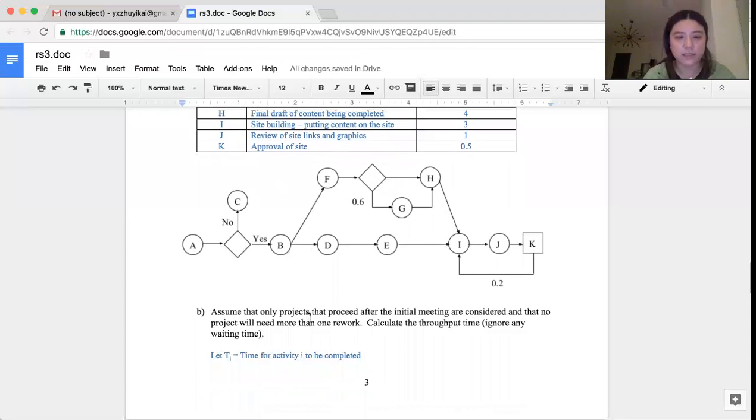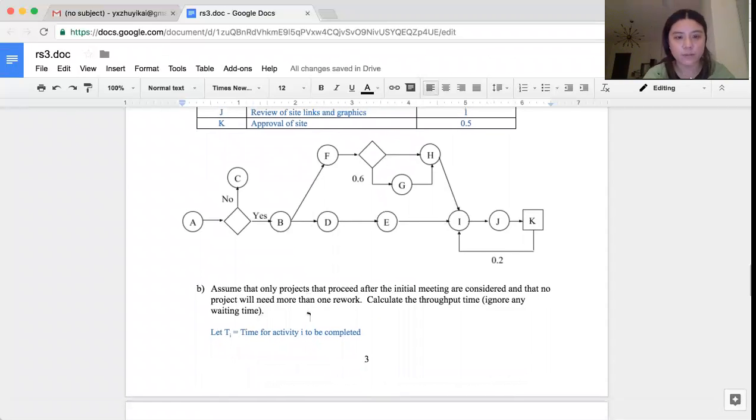And next, let's see question B. Assume that only projects that proceed after the initial meeting are considered, and that no project will need more than one rework. Calculate the throughput time, ignoring any meeting times.